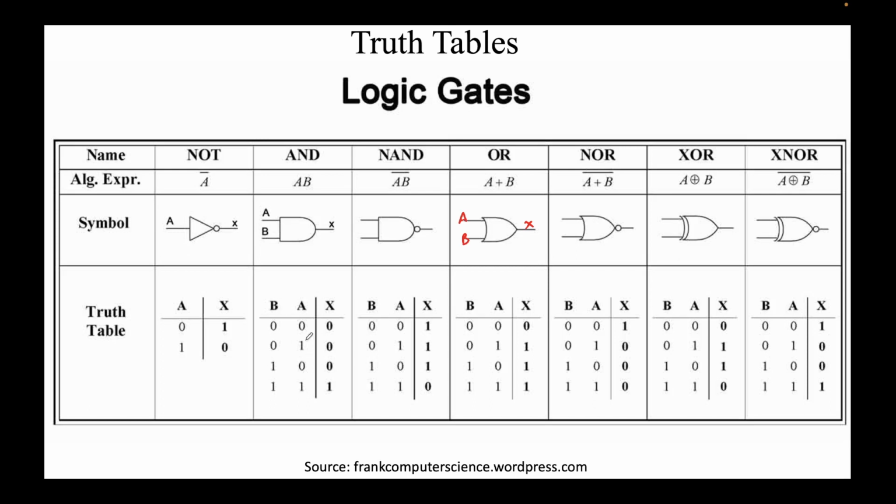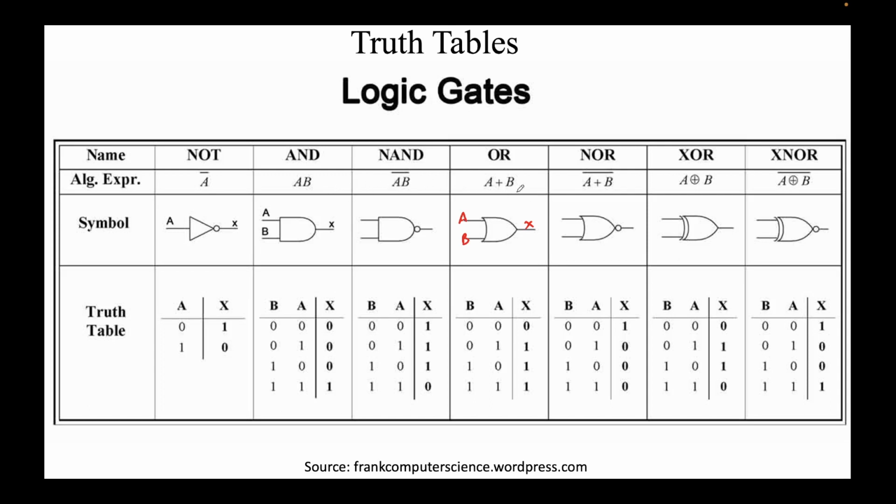Based on these inputs, we find the output. Note that X is A times B, so 0 into 0 is 0, 0 into 1 is 0, 1 into 0 is 0, and 1 into 1 is 1. This table, which contains all the possible combinations of inputs and corresponding outputs, is known as a truth table. In this specific case, this is the truth table for an AND gate.